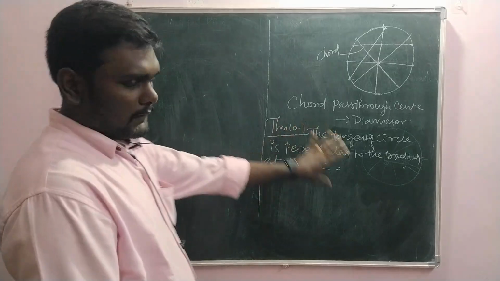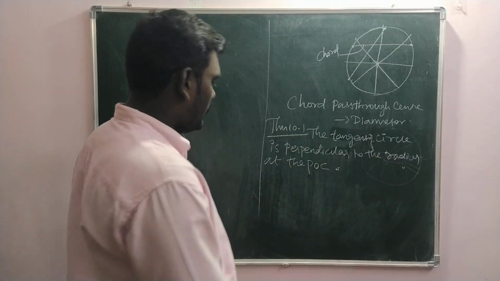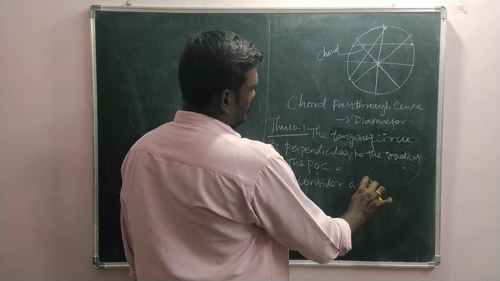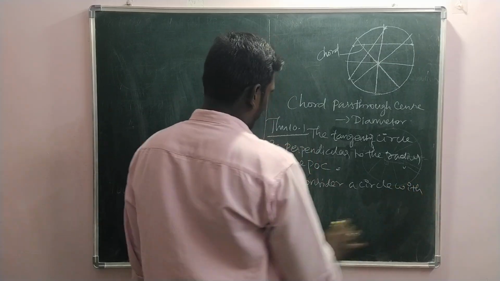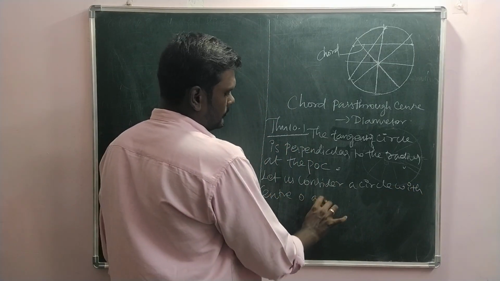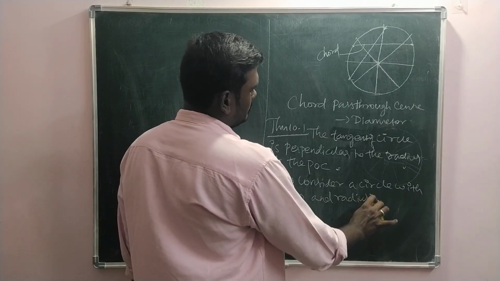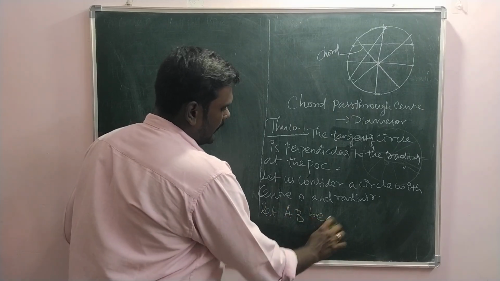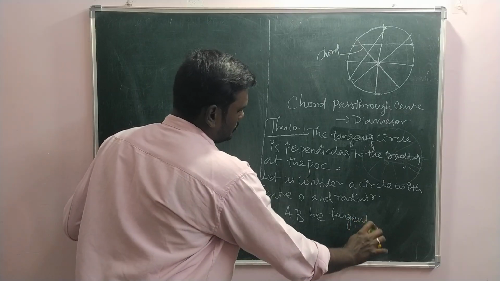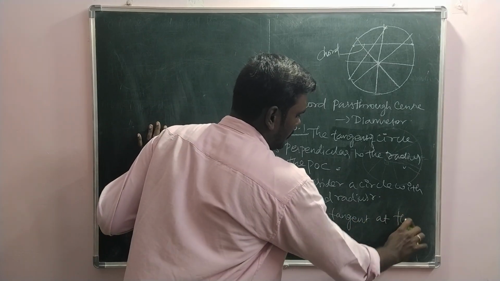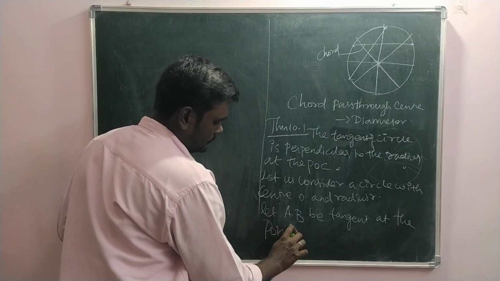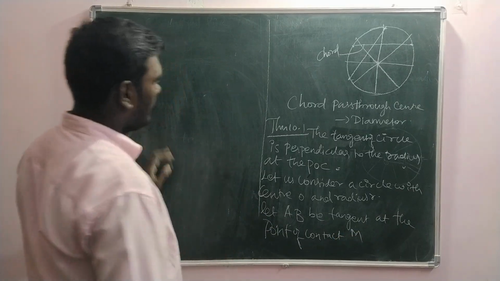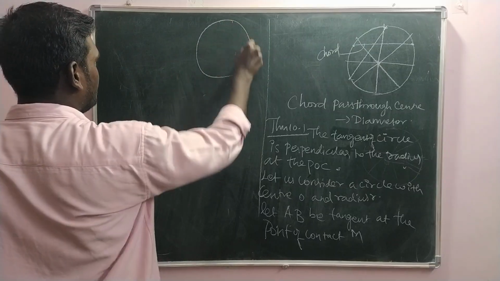To prove this, we need one circle. Let us consider a circle with center O and radius R. Let AB be the tangent at the point of contact, let it be M. So here we'll draw the diagram.